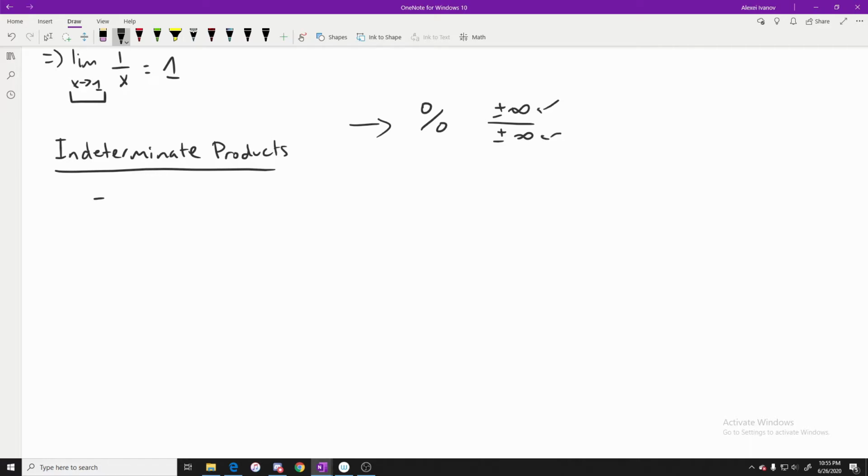So it'd be in the form of 0 times plus minus infinity. And this right here, it's indeterminate because we don't know which term kind of trumps the other or wins essentially. If we were to take the 0 term as the winning term in a sense, then we would get that this equation evaluates to 0.